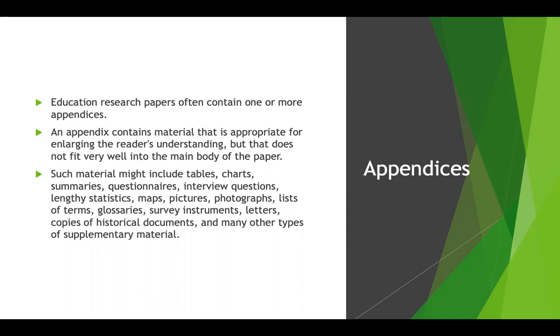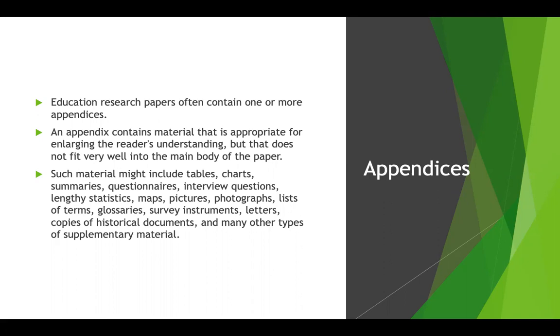Such material might include tables, charts, summaries, questionnaires, interview questions, lengthy statistics, maps, and so on. So these are a long list of documentation that can go into the appendices, and you can remember this can or cannot be raw data, and you just have to include that in case you think that it will be vital.